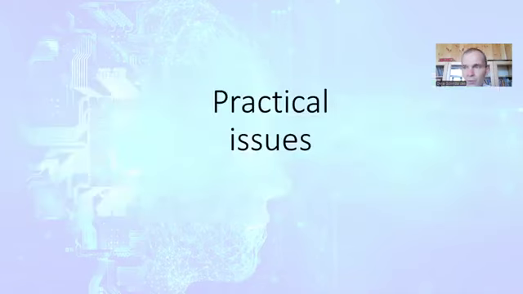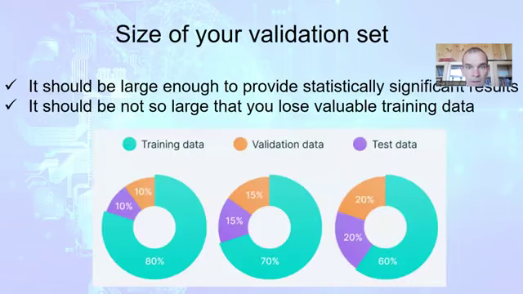I also want to mention some practical issues with the validation set. Of course, it's important to define for ourselves the size of the validation set. There should be some compromise. It should be large enough to provide statistically significant evaluation. At the same time, it shouldn't be so large that we lose valuable training data.